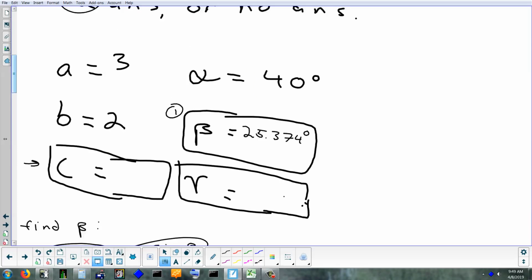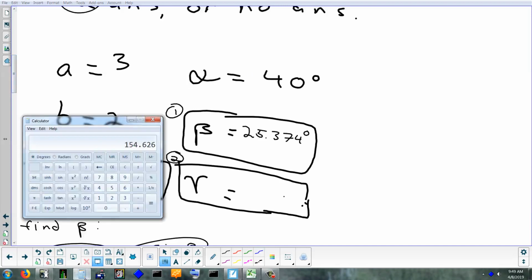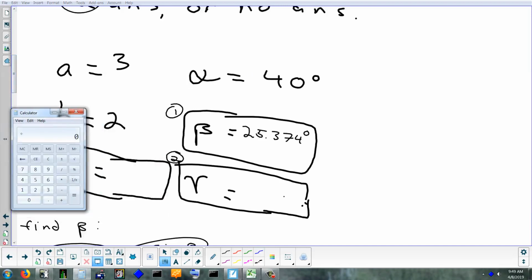All right. So now we know beta. What could I get now? I have enough information to find something else. Gamma. I can't get C yet, but I do have enough information to get gamma. And how would I get that, Libby? You add alpha and beta together and subtract from 180. So I get 65.374 when I add them up.